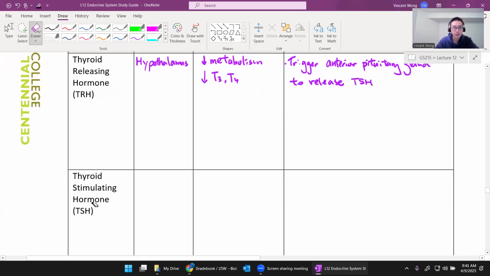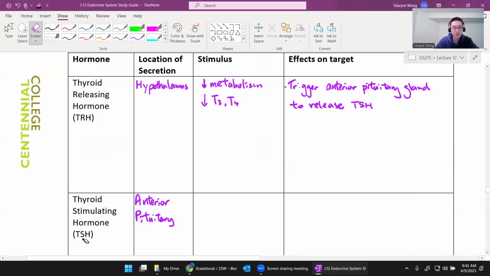Next one, thyroid stimulating hormone. Where is it from? Well, if you read the previous one, thyroid stimulating hormone is from the anterior pituitary gland. We are basically rewriting the HPA, the hypothalamic pituitary axis.